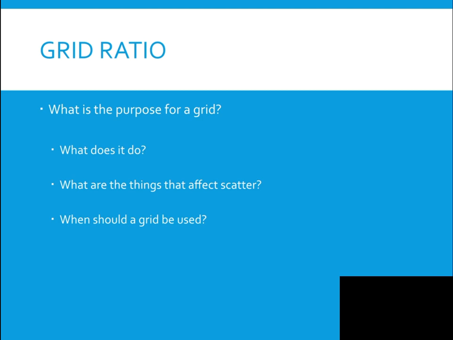And then we've got a couple of rules of thumb for grid use: if your tissue is 5 centimeters or above, so essentially knee size or shoulder size, or if we're using 70 kVp or above, then we probably should be using a grid because we create enough scatter radiation that we should.